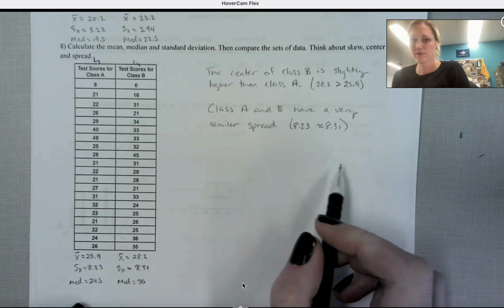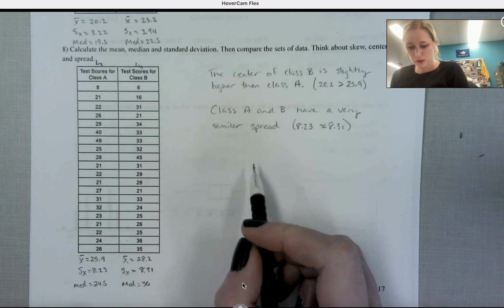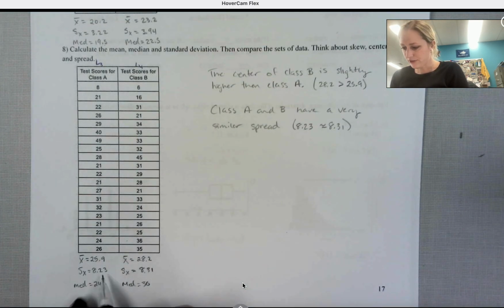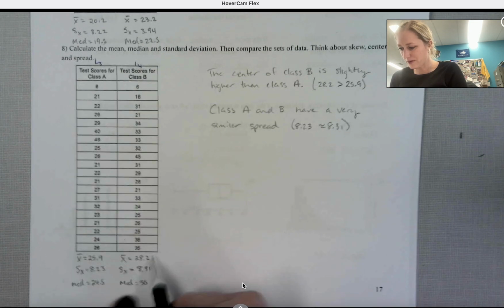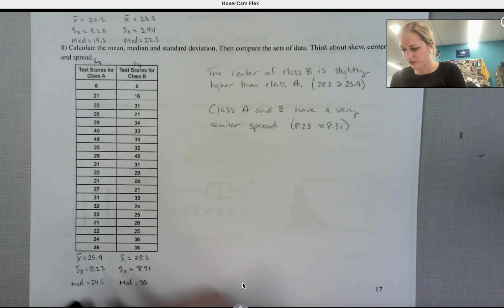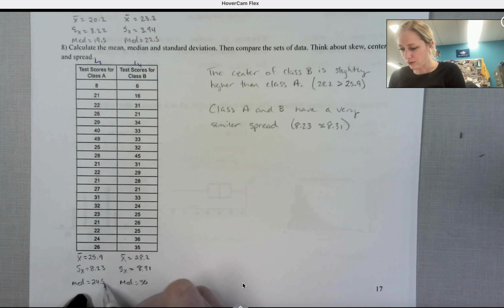Okay, last thing is the skew. Okay, so the mean and median are pretty close here, and they are pretty close here. They're like 1.8 away on this one. This one, they're 1.4.